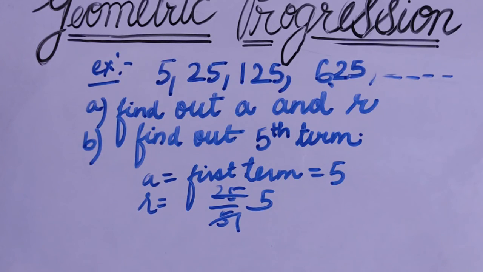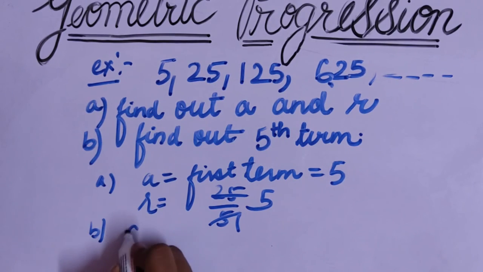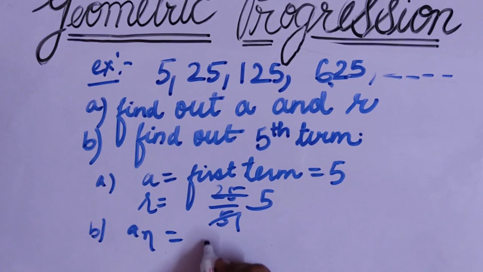Now the B part. What is the B part, students? They are asking about the fifth term. So what will you do? I have told you the general term of a GP sequence is denoted by an, and an is equal to a into r raised to the power n minus 1.